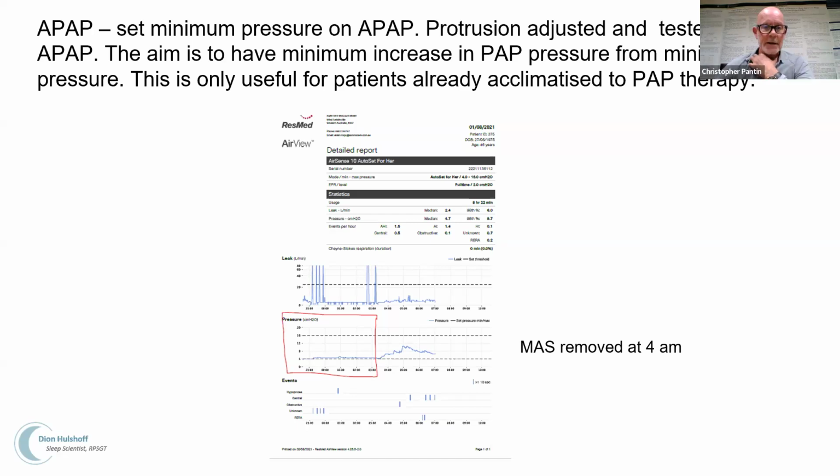In this case, the patient's pressure was set between 4 and 16. If it didn't move off 4, then the splint was probably in about the correct position. And then, of course, they did the normal follow-up with the sleep study, etc.